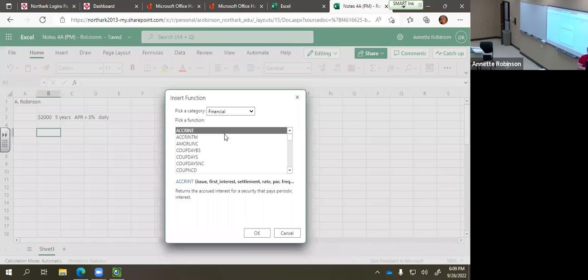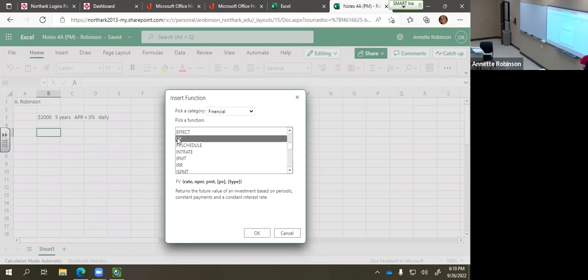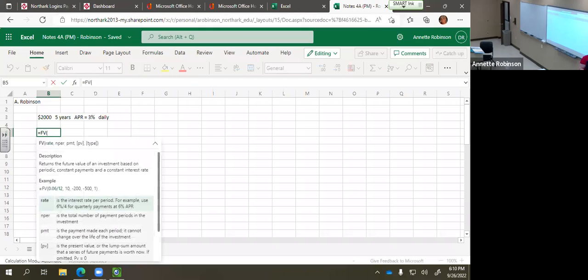What we're trying to find is the future value that's going to be in your account. If you scroll down, you will find something called FV for future value. When you hit OK, it's going to ask for certain numbers to put in, and it's going to tell you right here what they are.